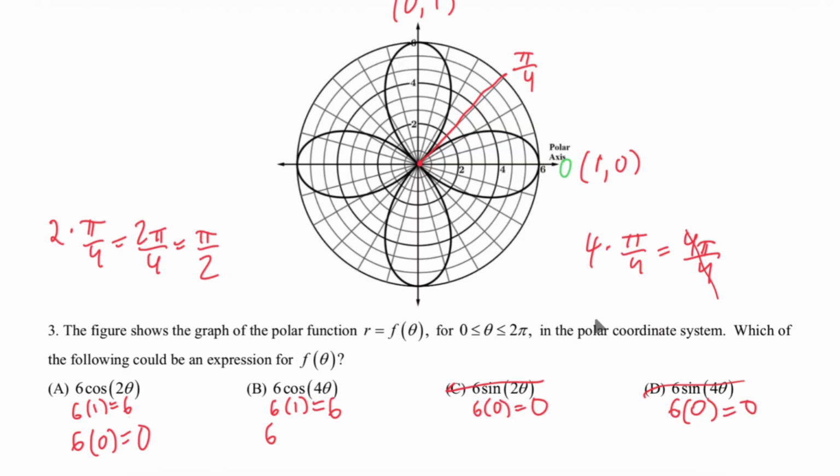We can cancel out 4. That gives me pi. The coordinates of pi are -1, 0. The cosine of that is -1. So 6 times -1 gives me -6. We don't see the polar function touching -6 at pi over 4. So we can eliminate B, and our answer is A.